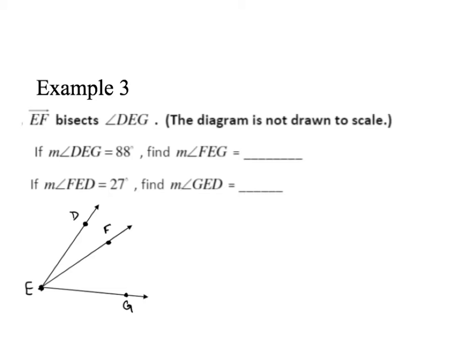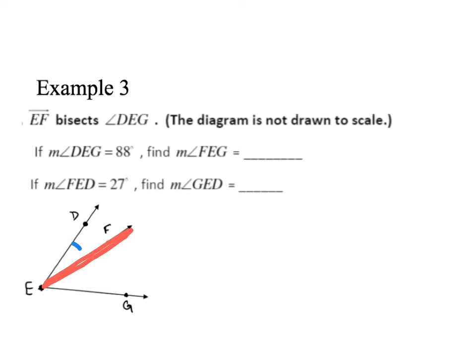Alright, example 3. EF bisects angle DEG, and like it's stated, the diagram is not drawn to scale. If the measure of angle DEG equals 88, find the measure of FEG. Okay, so it says that EF, this ray, bisects the angle.